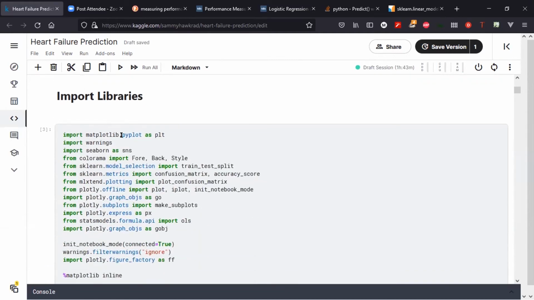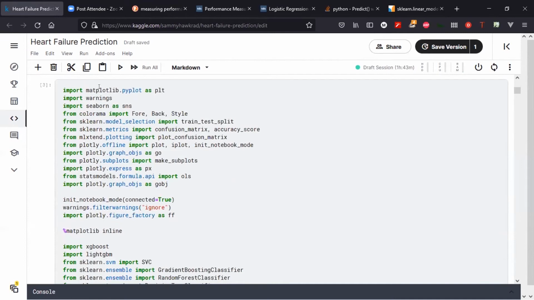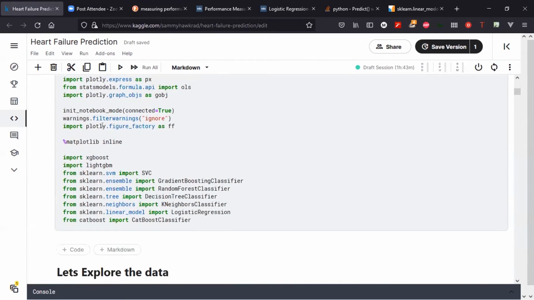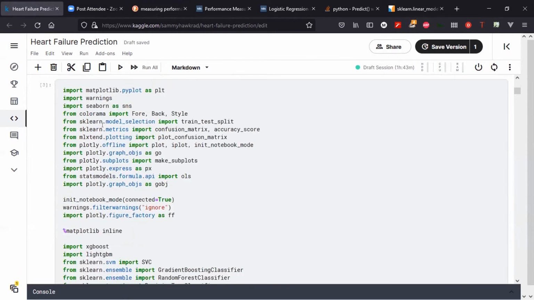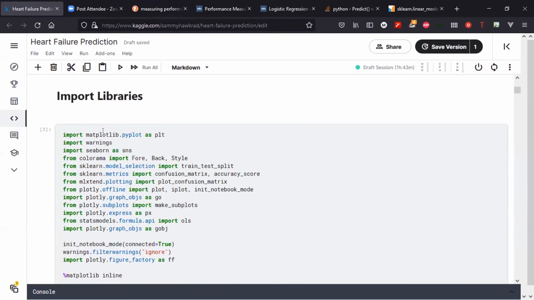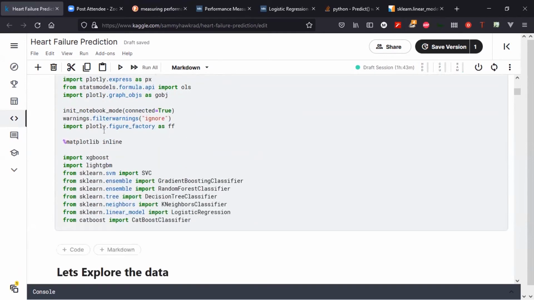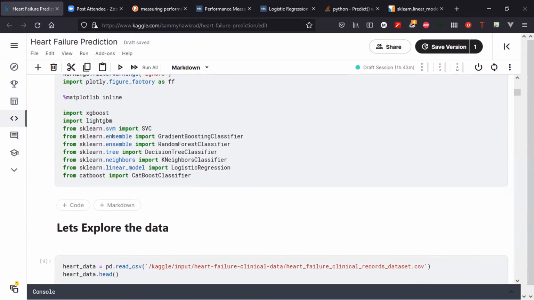And here we come down to import a lot more libraries. So you don't have to concern yourself with this much. If you learn machine learning, you know which ones to use. There are several algorithms that can be used, and in our work today, we are going to compare the performance of several algorithms.